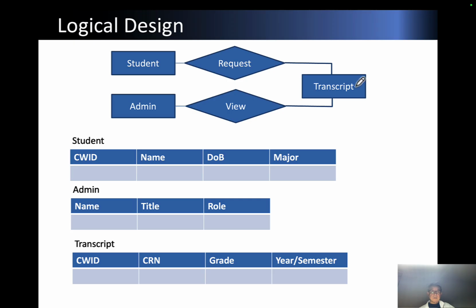Yeah, students can request this. Admin, in this case, are not really related, right? View is not shown here. So in this case, I would say view may be in another table.